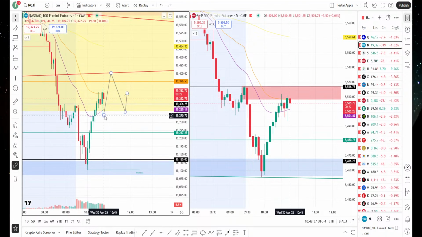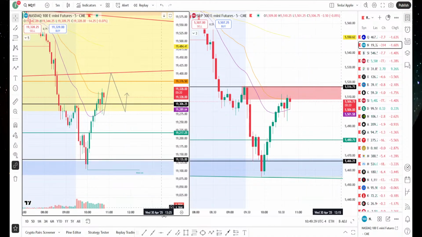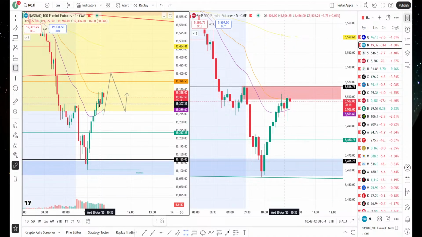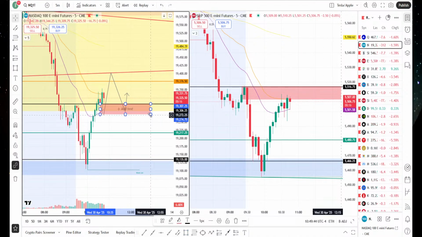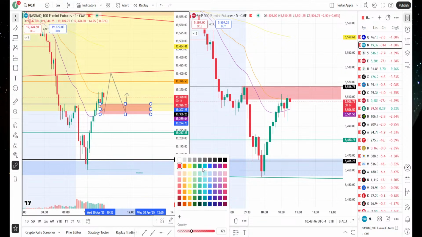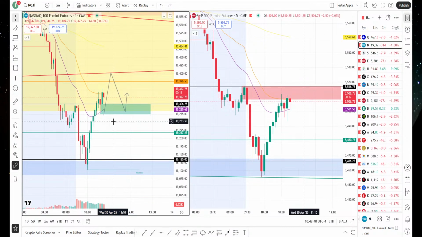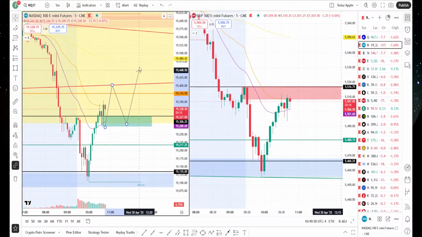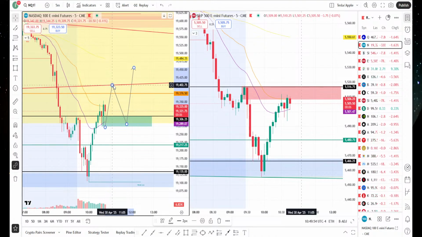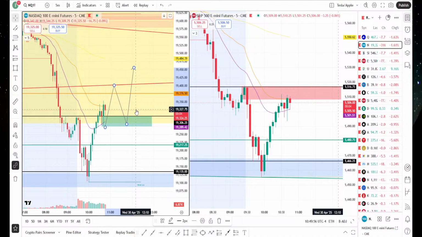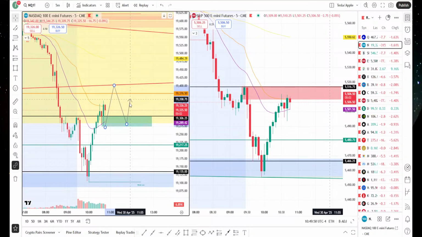If price pushes from here to here, I'm gonna look at this as a demand zone where I'm going to buy. And because we already tapped into this trend line here, I would be looking to buy here. I might take some profits here, but I'm gonna leave some runs over here.